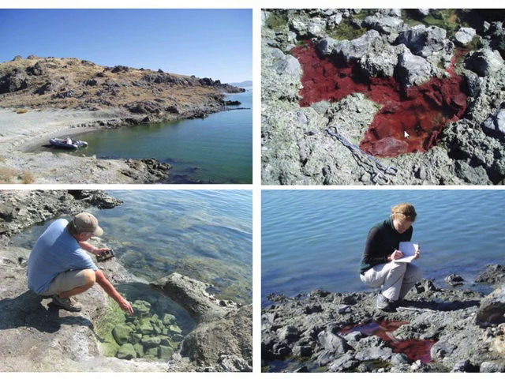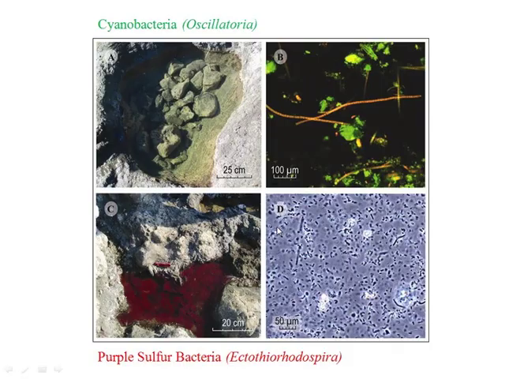But this is a reducing setting that's full of a lot of those reduced constituents that I just mentioned, and in addition, very full of arsenic, in the form of arsenite. So if we look at what these microbial mat communities are composed of, the green one is a cyanobacteria-dominated mat, Oscillatoria, and the red one is dominated by this purple sulfur bacteria, Ectothiorhodospira.